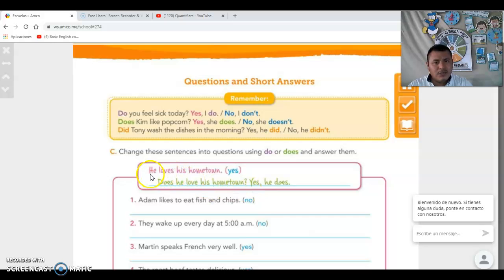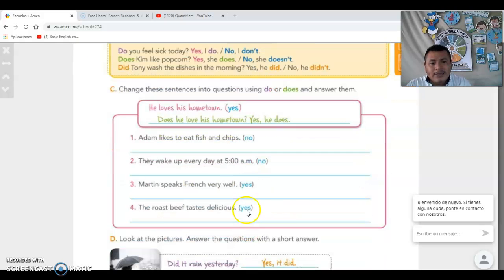So if you see third person, he, we need to use does. He loves his hometown. Does he love his hometown? Question. Yes, he does. Okay. So right here, you need to respond with negative because that's why it says no. And it says yes. So yes, yes, no, no. The answer has to be negative, positive.